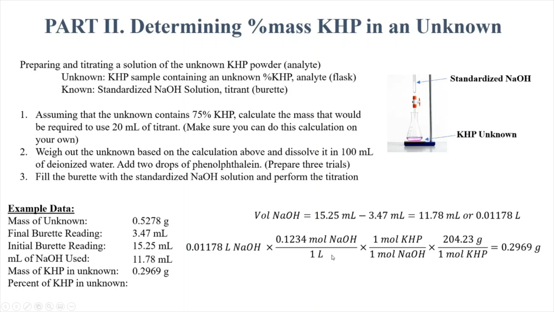This is my molar concentration. Now, you're going to use your calculated value from the previous example, right? So you're not going to use 0.1234. You're going to use whatever you determined as the experimental average in your previous calculations. But this is just a sample to show you what the calculations look like.